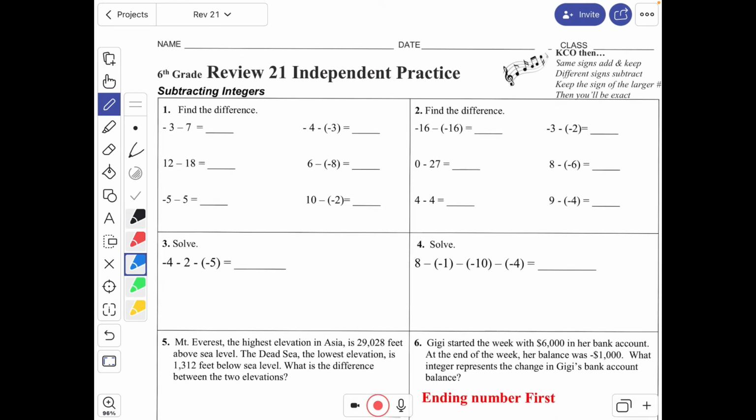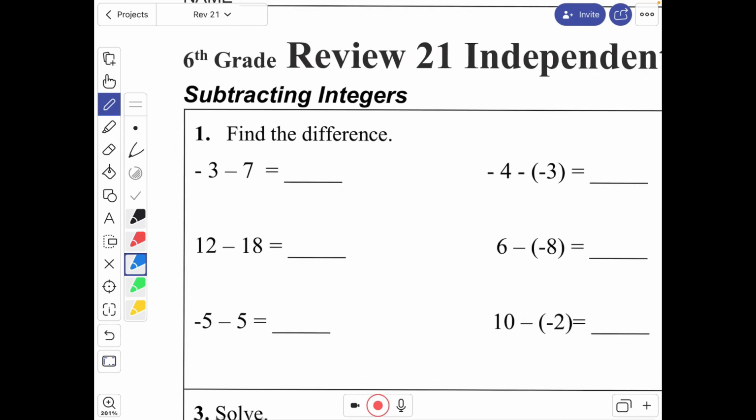Okay, let's look at the independent practice. On those first two, you're just finding the difference. Use your rules. Keep, change, change. So for the first one, they have the same signs.